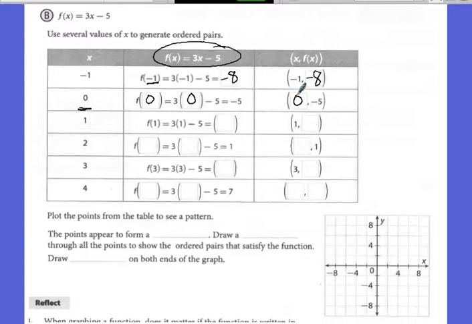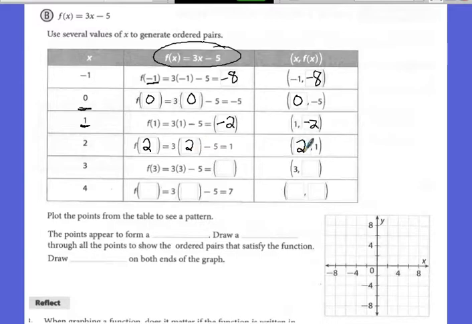If you feel comfortable, go ahead and pause and solve the rest of these on your own, and then come back and check your work. All right, so here if I input 1, then I get 3 times 1 is 3, minus 5 is negative 2. Here my input is 2. I know 3 times 2 gives me 6, minus 5 is equal to 1.